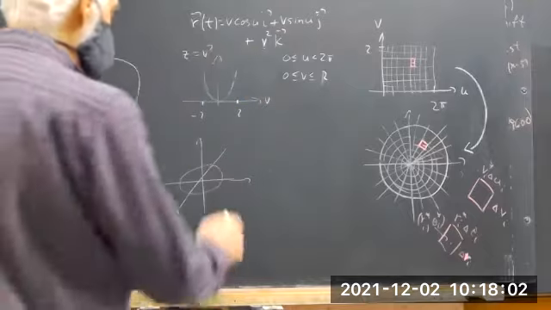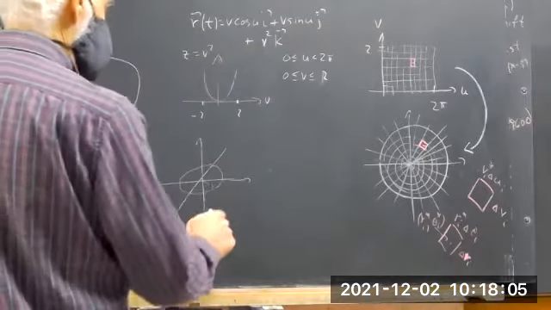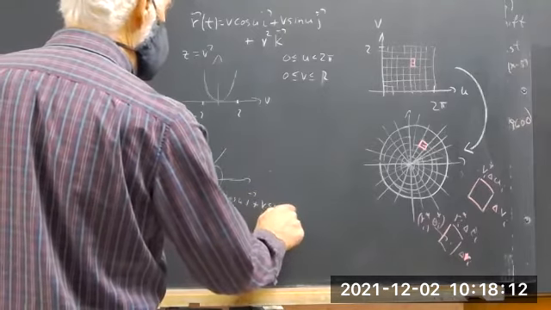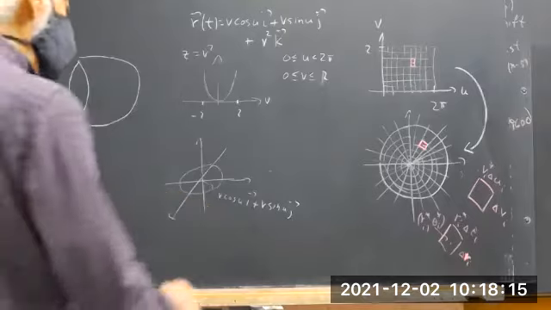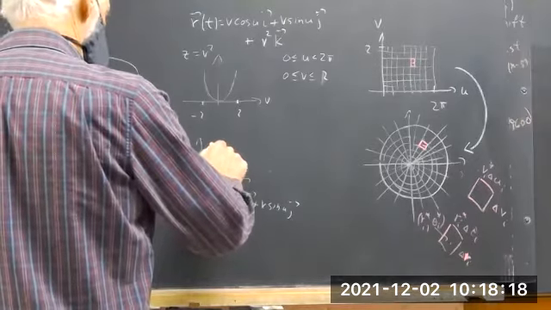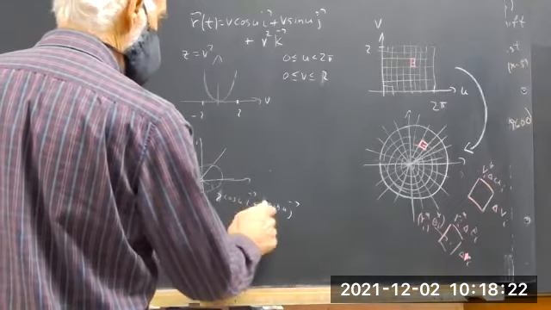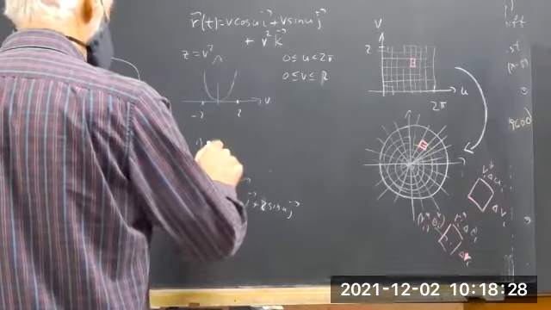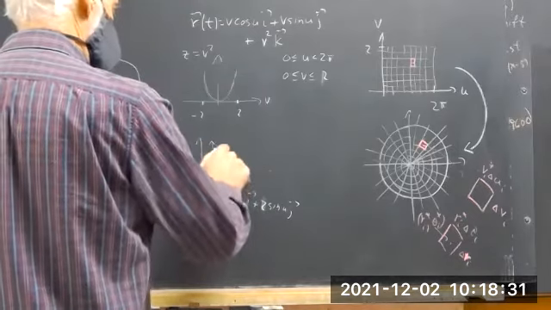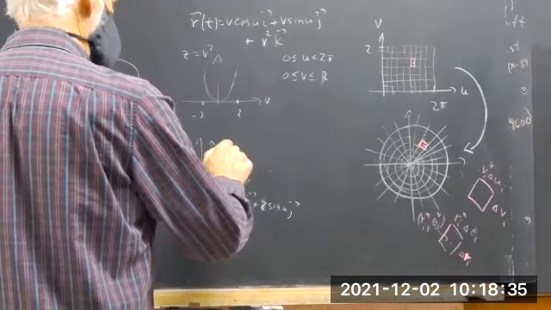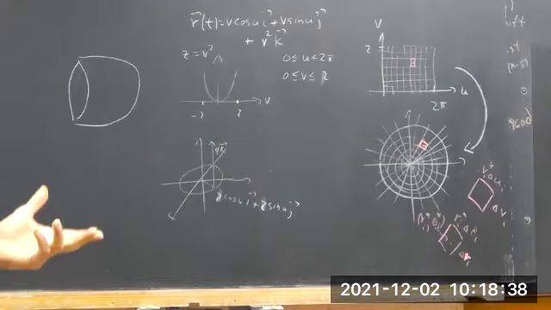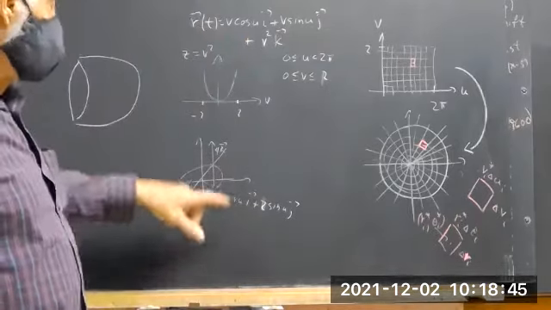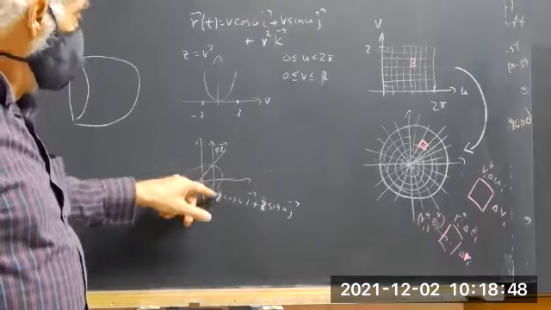So you have your vector, v cosine u i plus v sine u j. For v equals 2, you have 2 cosine u i plus 2 sine u j, out to the outer part of the circle. Now you're going to go up 4 units, because now this is 4k.